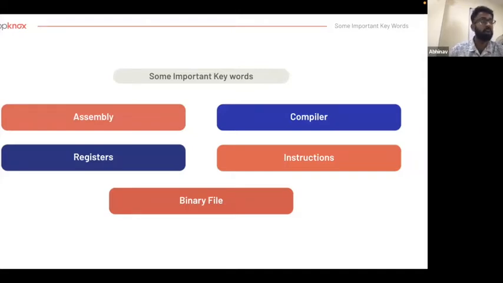So if I compile a program on my Mac, for instance, I can share that with any other Mac user and they will be able to run the same program, given it is the same architecture. That is a binary file. So these 5 terms are going to be important moving forward. If there are any questions so far at this point, you can let me know.